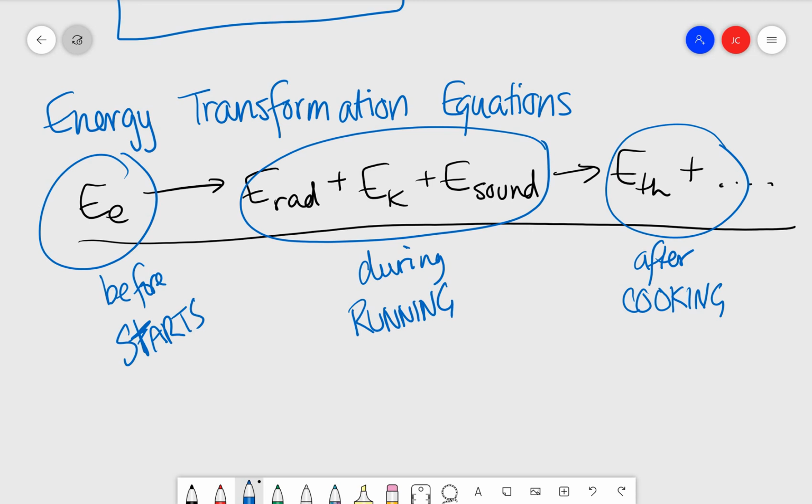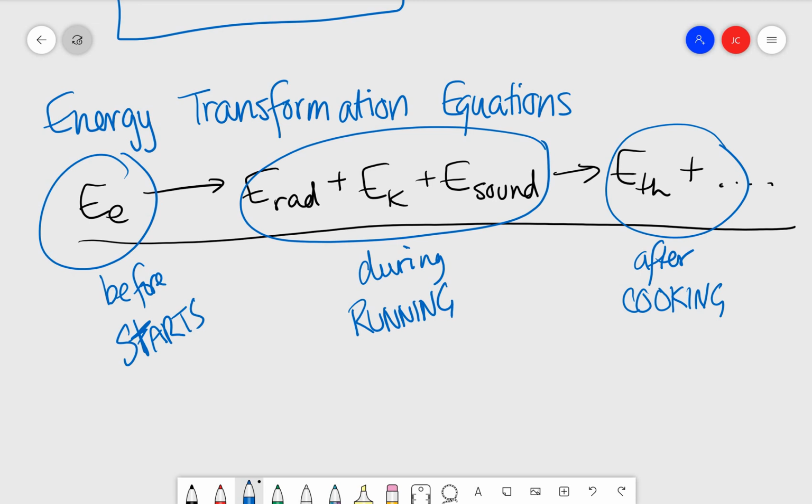So at the beginning, we start with EE, which is electrical energy, because we're, of course, powering this microwave from an outlet, probably in our wall. That electrical energy is going to get converted when it starts running, and it's converted to three types of energy. ERAD, which is radiation energy, and that's, of course, the microwaves. After all, it's a microwave. It cooks the food using microwaves. That's the radiation energy. Also EK, which is kinetic energy, because, of course, the disk is spinning around in the microwave to cook the food evenly.